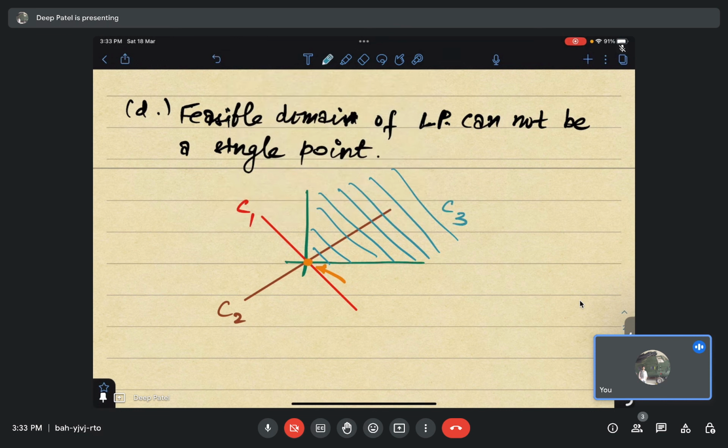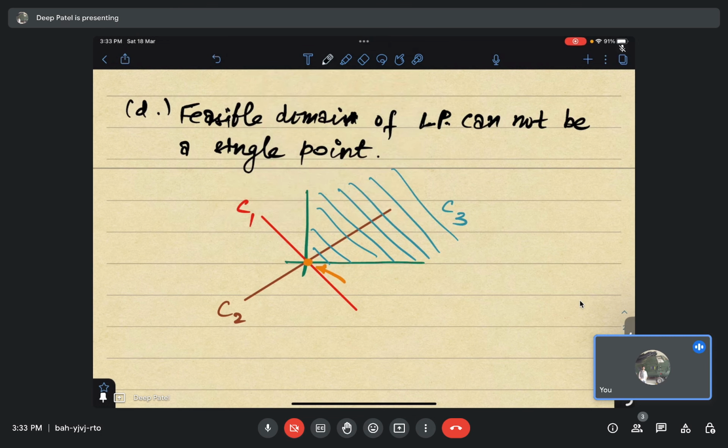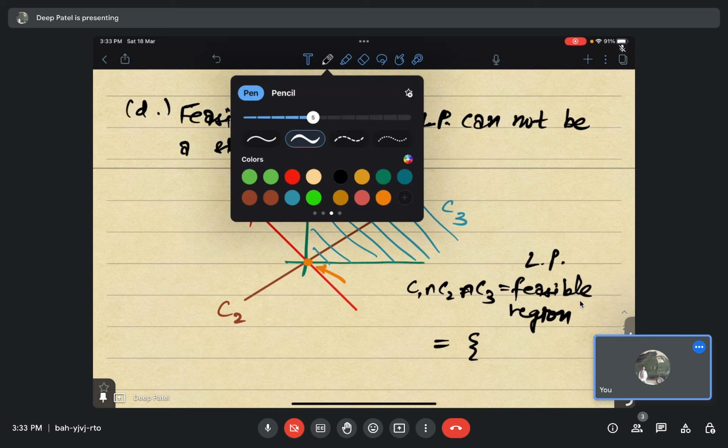So C1 intersection C2 intersection C3 equals my LP feasible region, and this is nothing but the orange point.